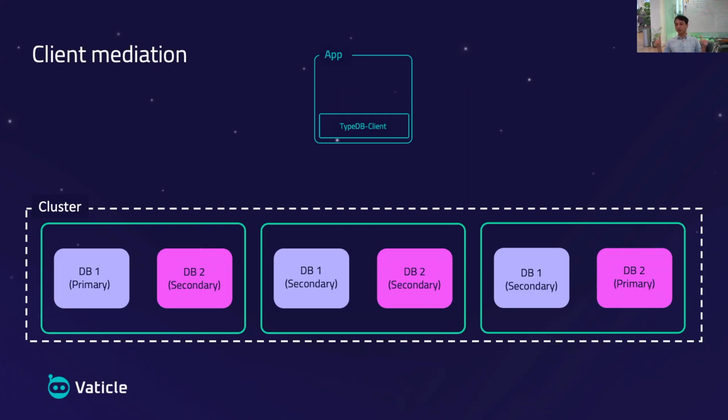For your application to connect to TypeDB or TypeDB Cluster, you'll need to use the client driver, the TypeDB client, which is available in Java, Python, and Node. And there are upcoming clients from the community, such as the Julia client, Haskell client, and C# client as well. So in these languages, you'll be able to communicate with TypeDB Cluster too.